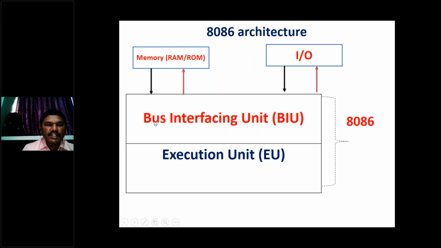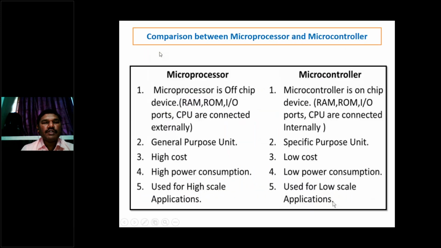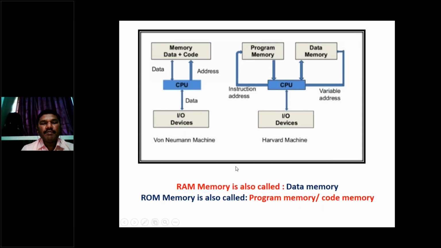So we can get input from memory, or from an input device. After executing, the microprocessor will give the data to output devices. In some places they won't show the IO block, they will show only the memory block. So based on this, we have to remember this architecture also.